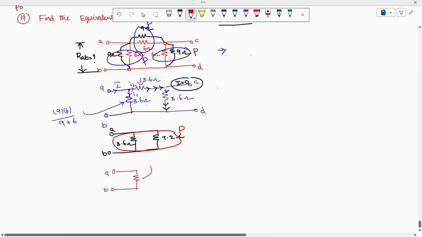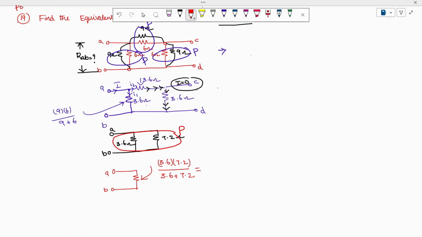The formula is 3.6 into 7.2, product divided by sum, 3.6 plus 7.2. Whenever you do the calculation, we are going to get 2.4 ohms. The resultant resistance is 2.4 ohms, which is nothing but Rab.